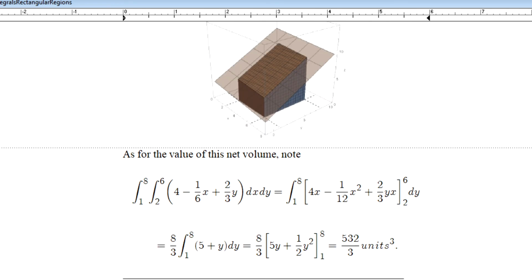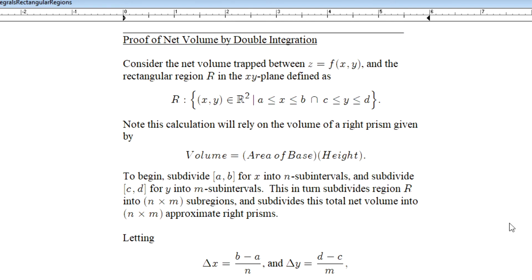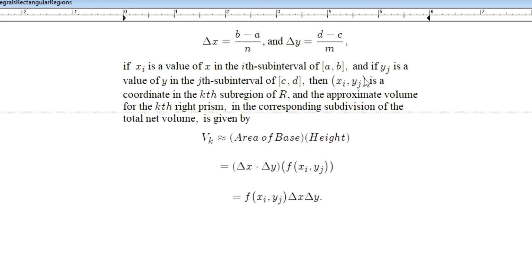Right? If we think about going into one of the sub-right prisms that we can subdivide this total volume into, it's going to have a base whose area is going to be, or I should be careful there, it's going to be delta x times delta y, and its height is going to be determined by the surface f at that coordinate x sub i comma y sub j.